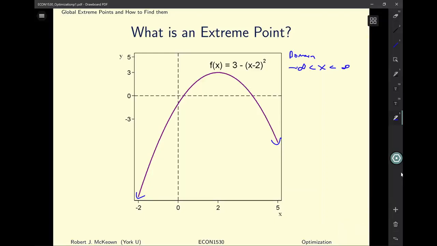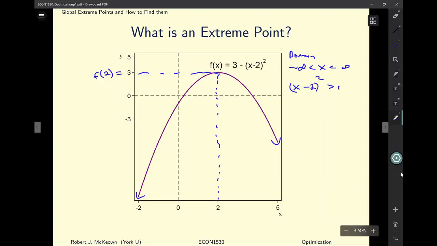We know, looking at this, that the maximum occurs when x is equal to 2. And when x is equal to 2, f of x is equal to 3. And we can see that. If we were going to do this a little more formally, x minus 2 squared is always positive.